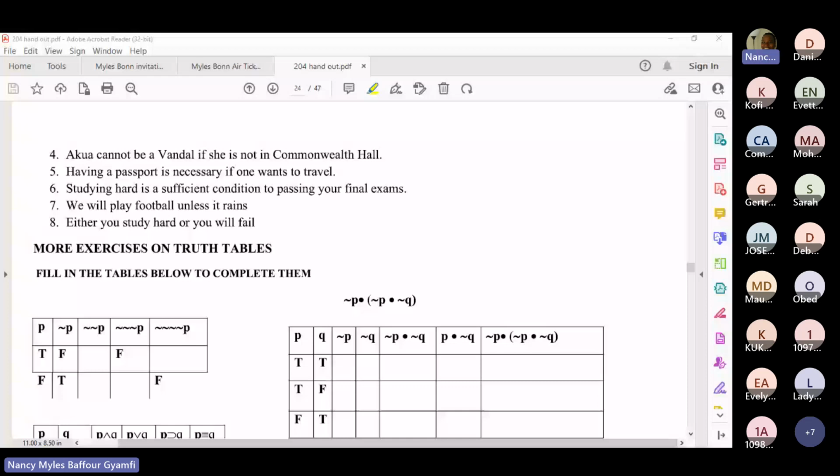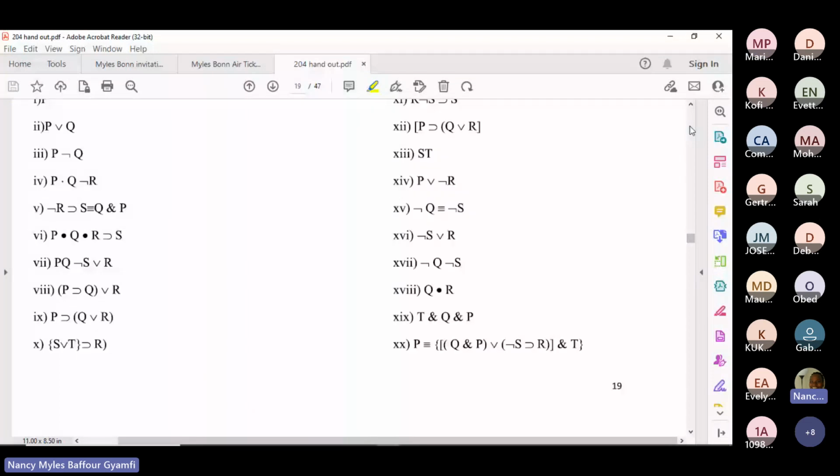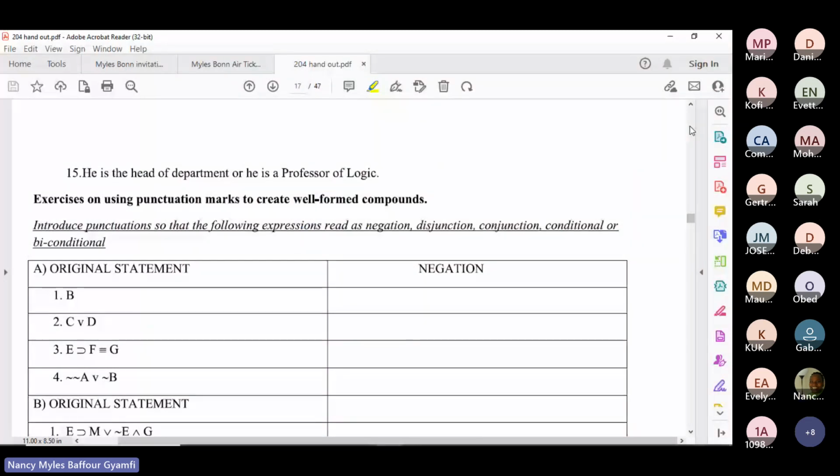This is also on your page 17, the last example 10. Then humans do not fly.